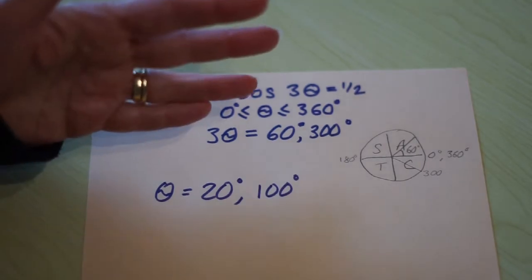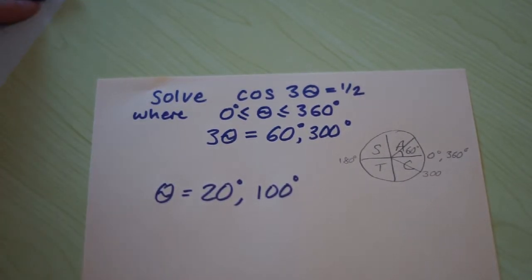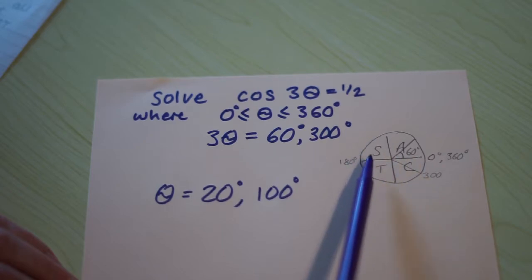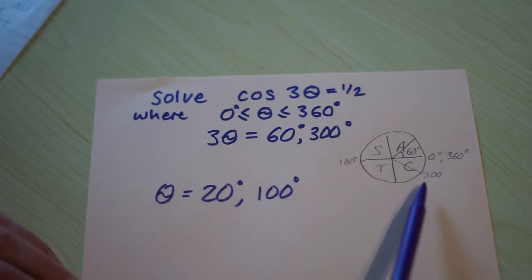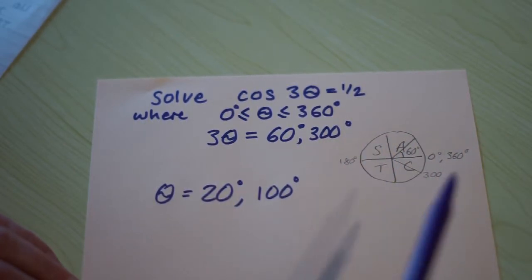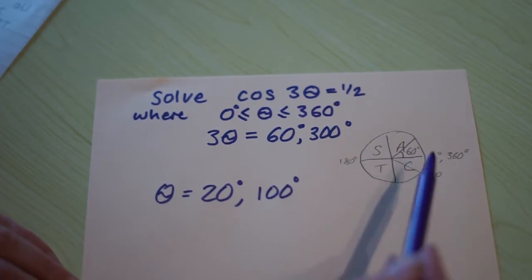So let's go back to the previous stage where we were working out 3 theta and find more possibilities. Using the CAST diagram, we've got the 60 and we've got the 300. We can continue going round and round and round until we've got all of the possibilities. So we started from 0 there, round to 360.